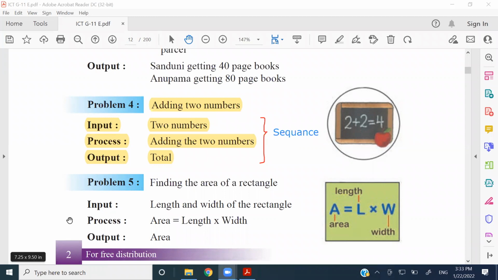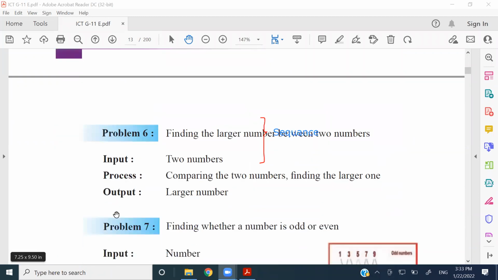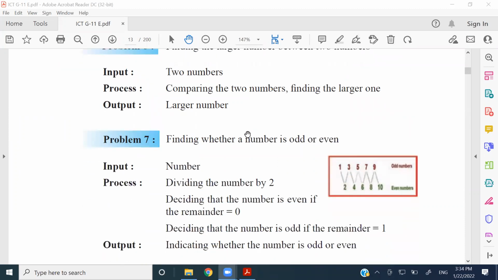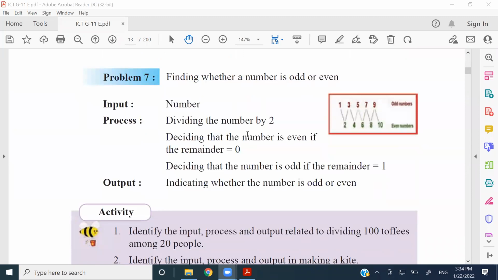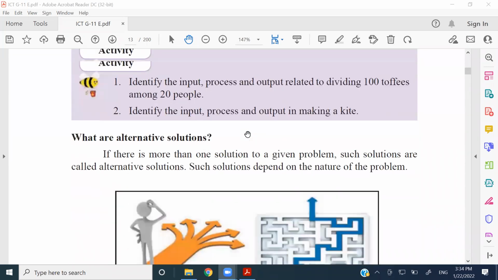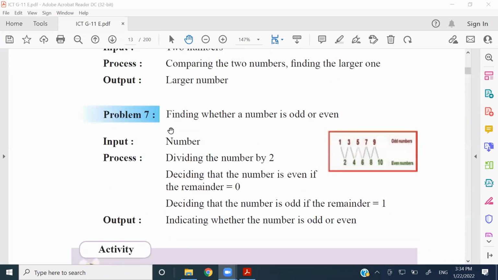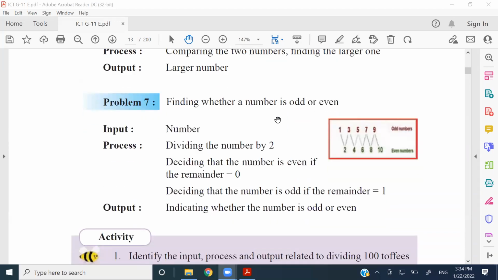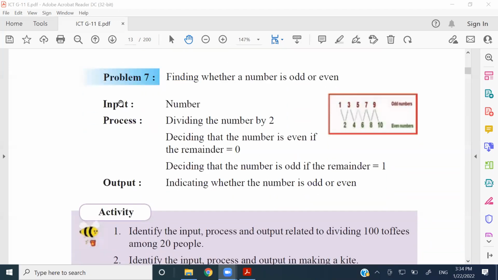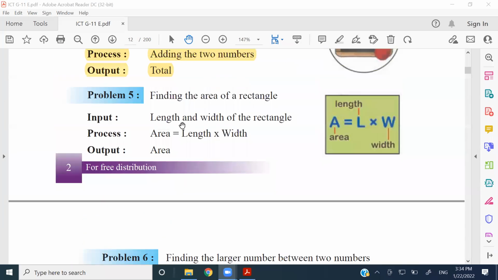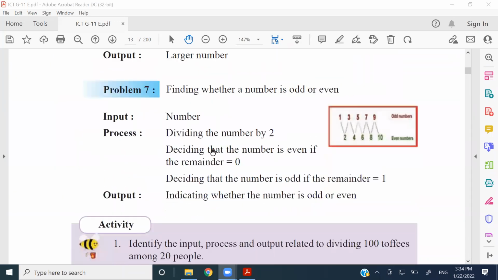And as the third example, we can write the very last one: finding whether the number is odd or even. I want you to look at this because I didn't go through it; I stopped at the fifth or sixth one.